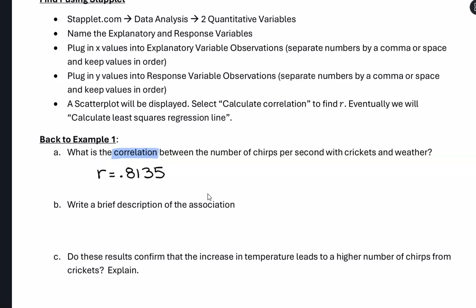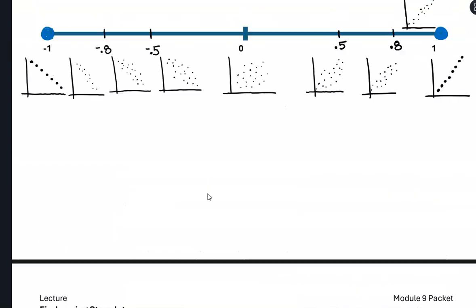So this wants two pieces of information. When you see association, we want to think strength and direction. So we want to describe those two pieces in context of our two variables. So how we do this, we take our value for R, so that 0.8135, and I'm going to take that value to that number line.